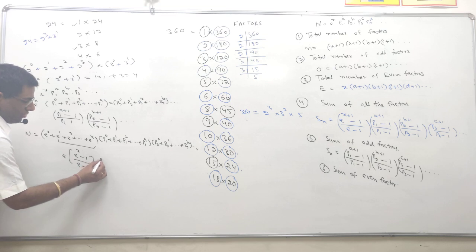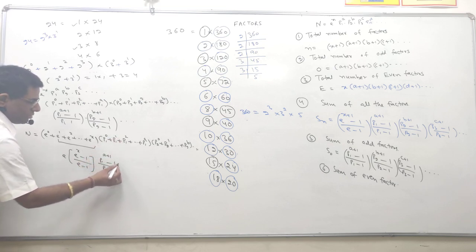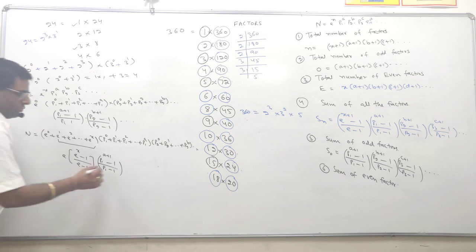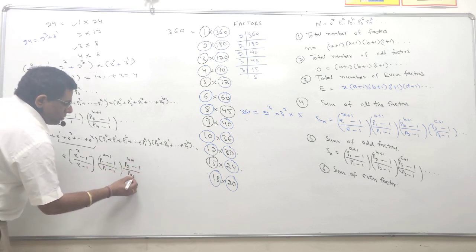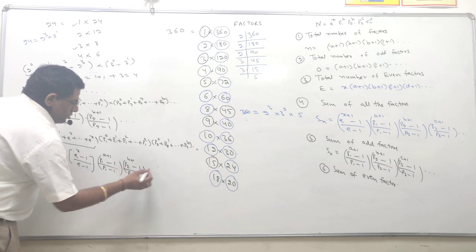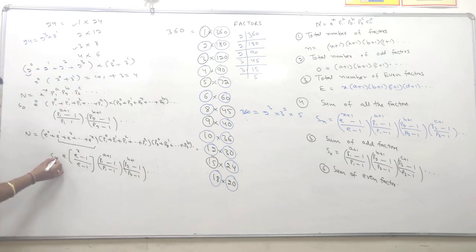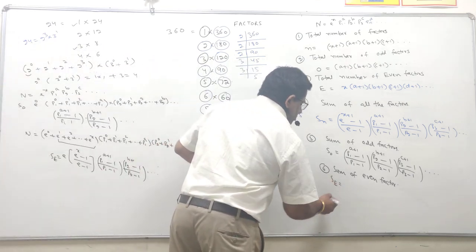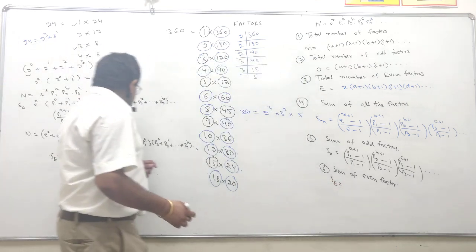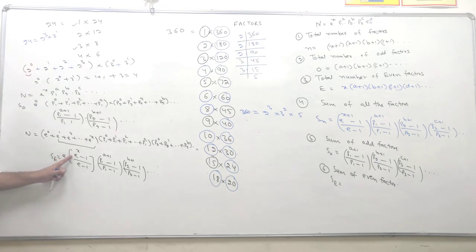First term is 1, this is p1 raised to power a plus 1 minus 1 upon p1 minus 1, that is p2 raised to the power b plus 1 minus 1 upon p2 minus 1, and so on. It comes out to be the sum of even factors of any composite number n. So we can write here the sum of all the even factors as 2, or you can multiply this 2 here as well.